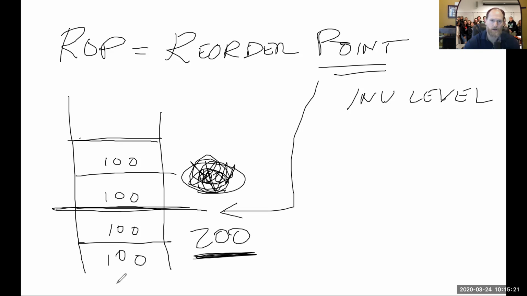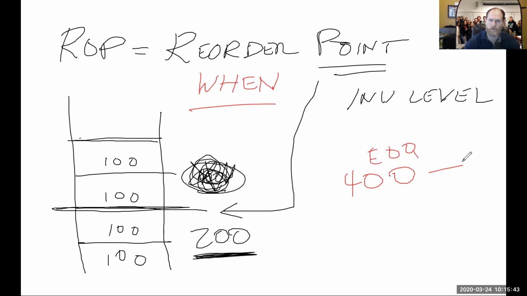Under this model, maybe we'll just pretend that my EOQ is 400. Notice how these are not the same thing. So the bottom line is that this tells me when I reorder. EOQ tells me how much. Okay.